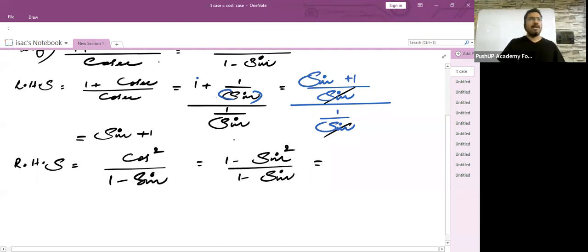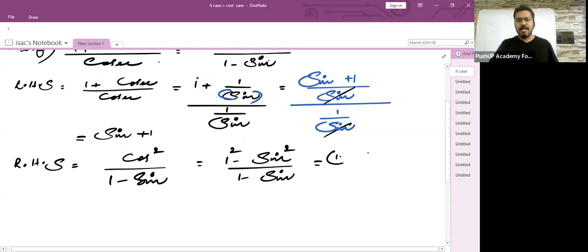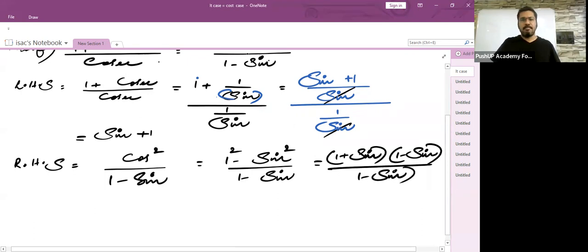Now we all know 1 minus sine square can also be written as 1 square minus sine square. And what is 1 square minus sine square? Which identity you can implement here? A square minus b square. And what is a square minus b square? Factorization, a plus b into a minus b. So you can write it as 1 plus sine into 1 minus sine, whole divided by 1 minus sine.